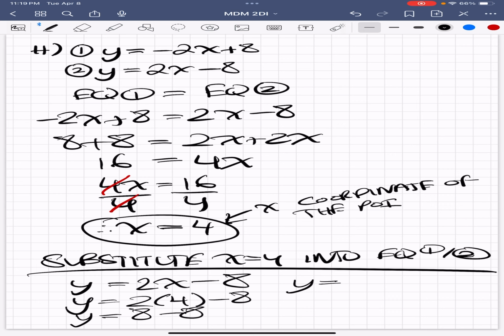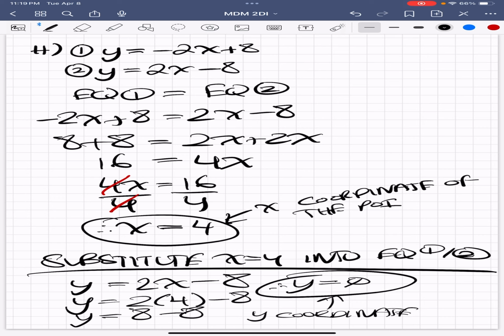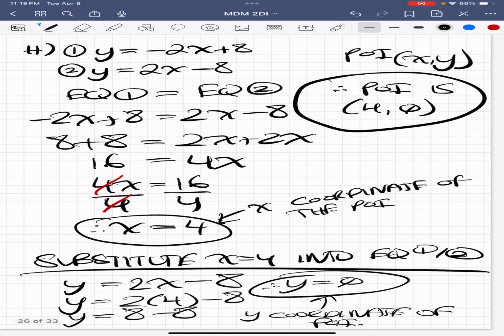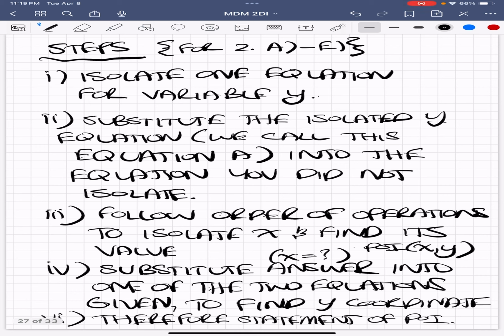So y would equal 0. And that's the y coordinate of the POI. And then we have our POI, which is just the coordinates that we're looking for. So POI is 4, 0. All right.